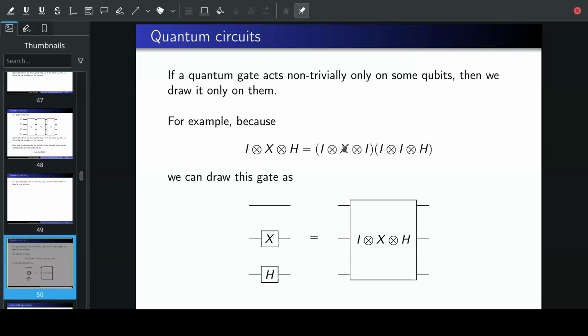This is a Pauli X action. So we can write it simply as this X gate on the 2nd qubit. And here we have action H on the 3rd qubit, so we write it like here. And here we just don't write anything. So this circuit actually equals this circuit.